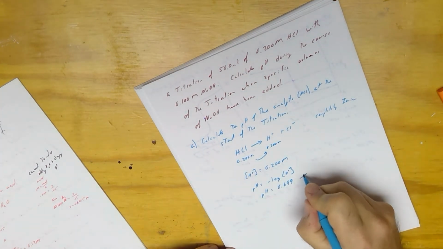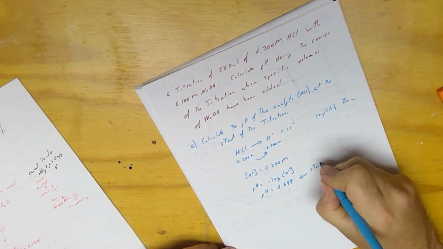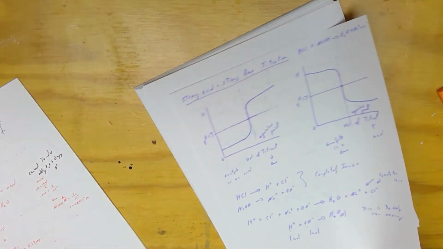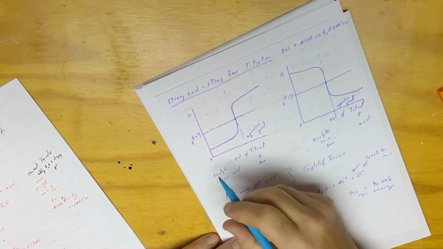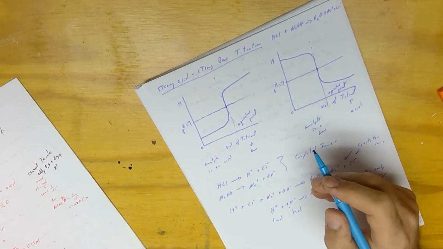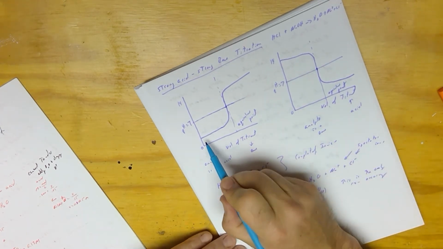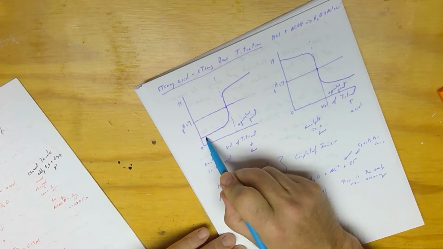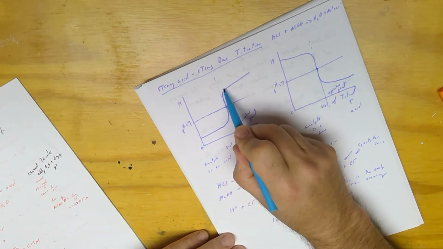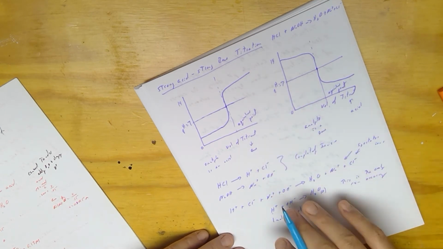Okay, so this is our starting pH. If we go back to our graph here, we're dealing with this one. So we're starting way down here. Right, now what we're going to do is start adding titrant, which is our NaOH. And this is what should happen. It starts increasing slowly, and then all of a sudden it shoots up, and then it increases slowly.